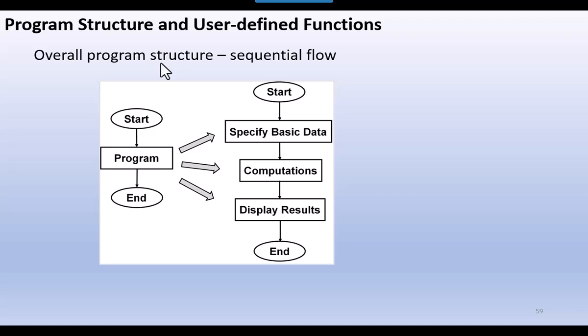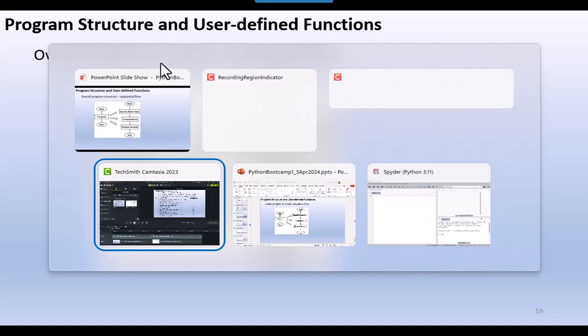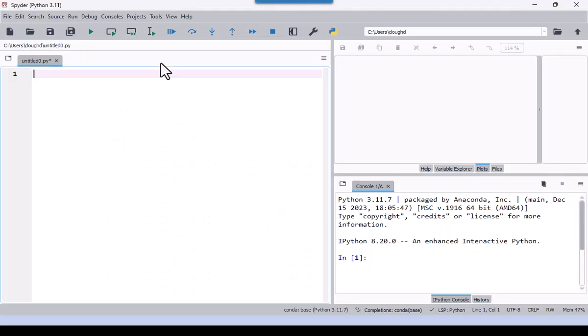So what we're going to do here is illustrate some program structures, and I'm going to pop over to the Spyder Python interface, and I'm going to enter some code in the editor window, which will illustrate a couple of the initial and simplest structures, and those are if statements. And then we'll go back to a slide to summarize what we've seen.